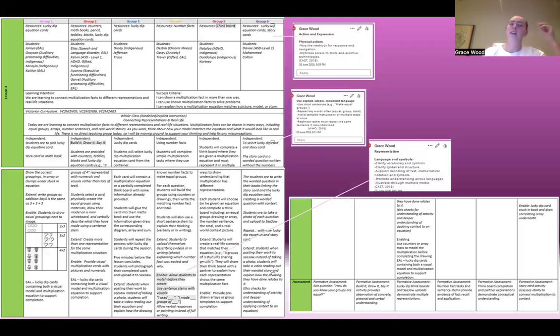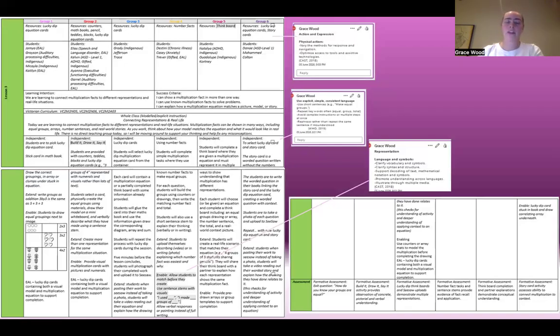So the identifying, the recognizing, working with, and then the creating is a nice scaffolded progression, not only just for the students at the upper level, but also the students in group one and group two that are still learning to create equal groups and to identify that. But we can do that through images and through tables and through integration of numbers and symbols that they are becoming familiar with.